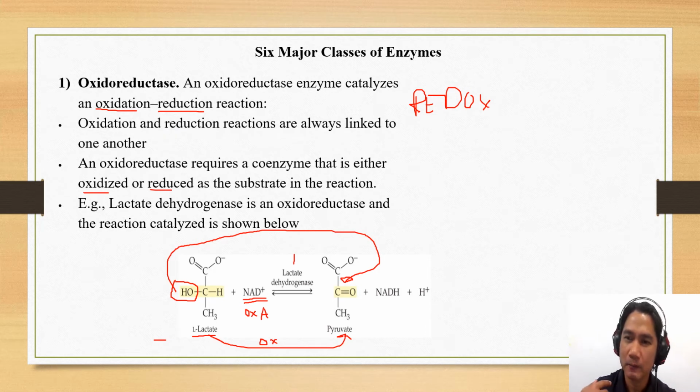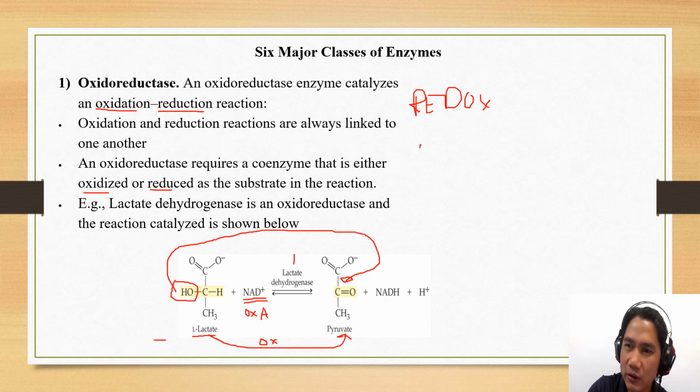In order to increase the rate of oxidation, you need an enzyme. So that is the work of the enzyme and the NAD.